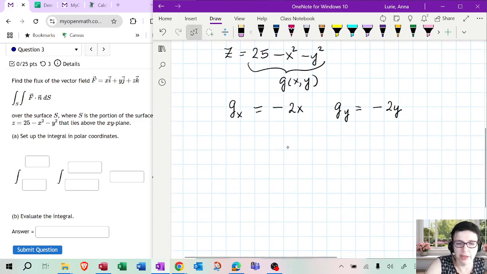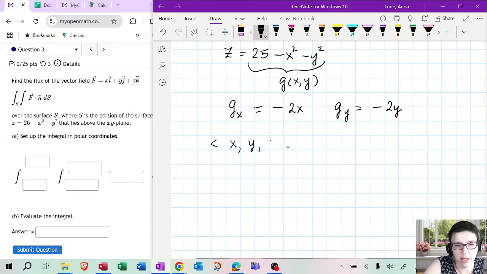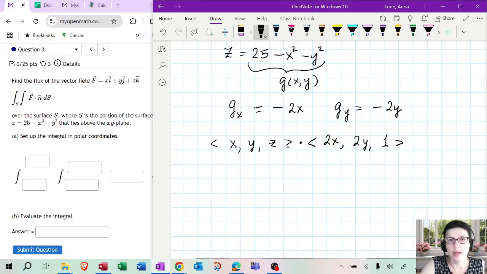Okay, so now let's go ahead and compute the force. Well, what is our force? X, Y, Z, right? Because it's Xi plus Yj plus Zk. And then we find the dot product of it with negative Gx. Well, negative of a negative is a positive. Negative Gy will be 2y and 1. Now, hopefully you remember how to compute a dot product.